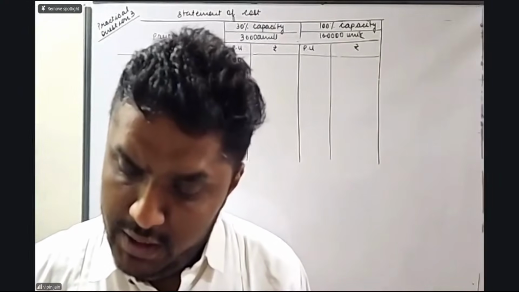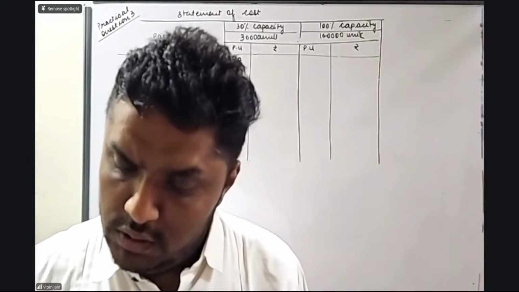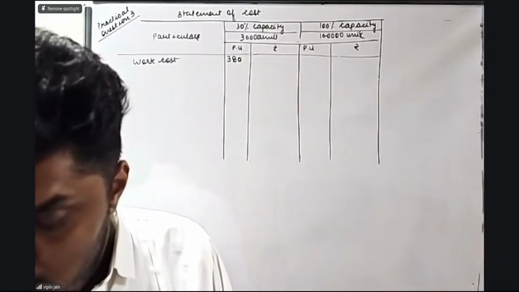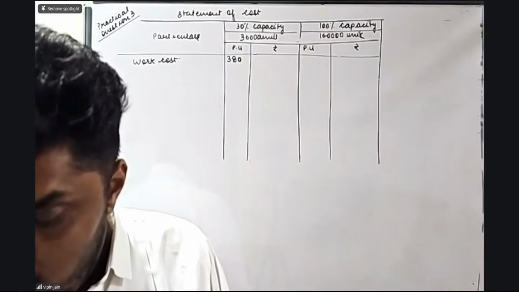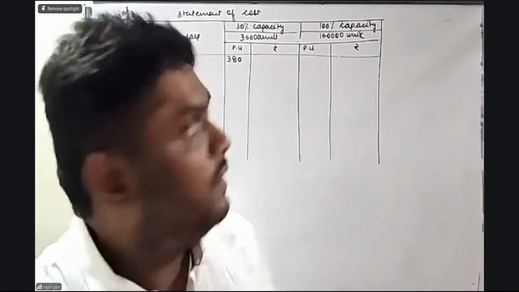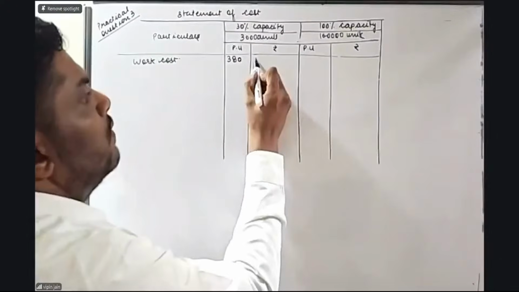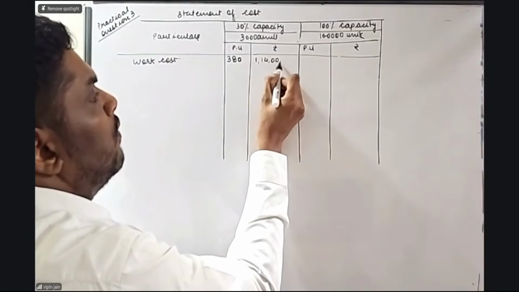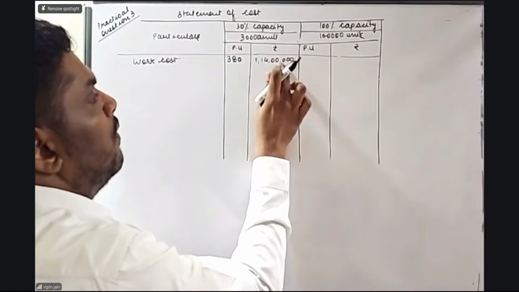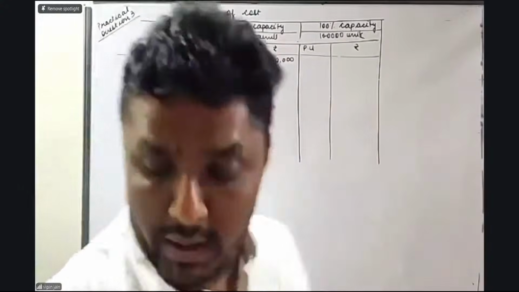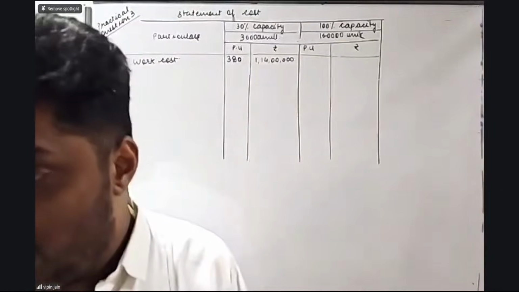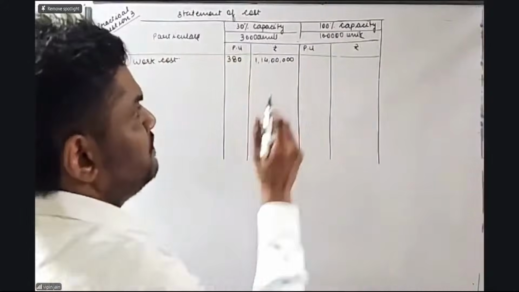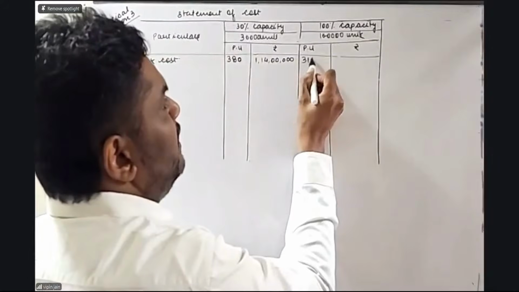So 380 into 30,000 will be 1 crore 14 lakh. And at 100% capacity, it is 310.